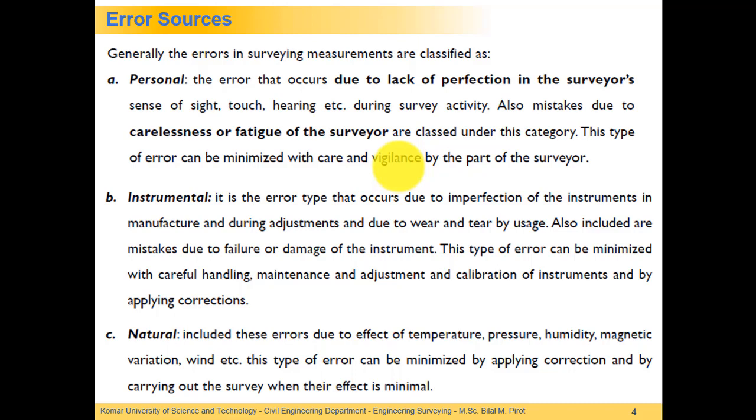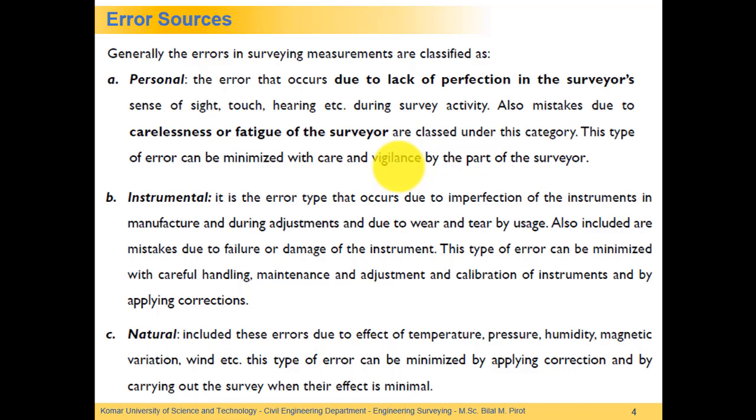Another type of error is called natural errors. This type of error is related to the humidity and temperature of the environment, or the pressure or magnetic variation. For example, if you have wind and you use a long range pole or a long staff, in most of the cases the staff will move due to the effect of wind.